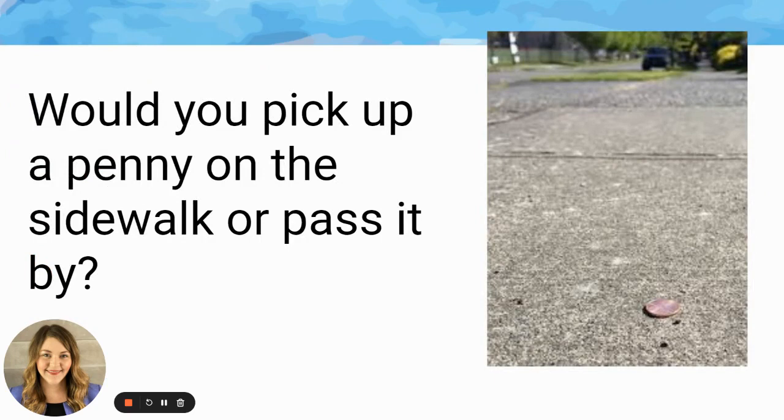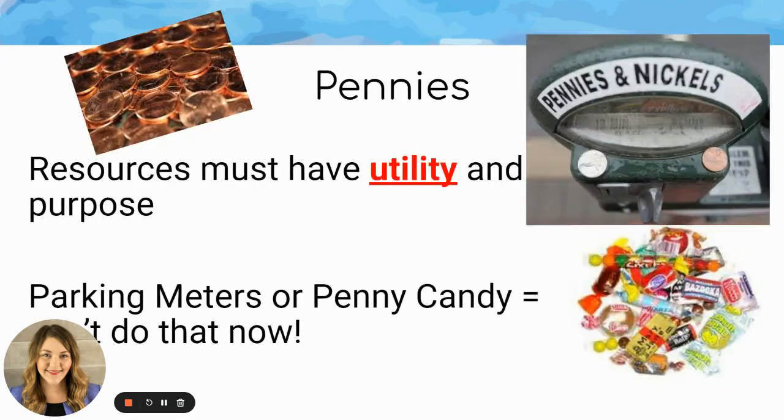So what about a penny? How many of you would pick up a penny on the sidewalk or just keep walking by? Resources have to have certain characteristics to make them usable. A resource must have purpose or utility. Would it be different if it was $1 on the sidewalk?